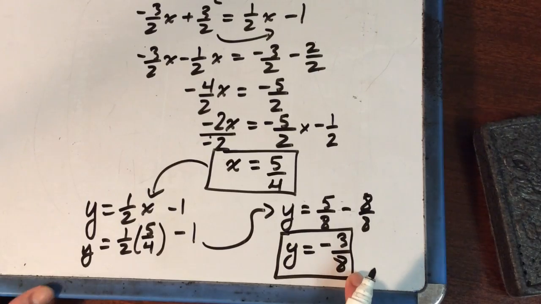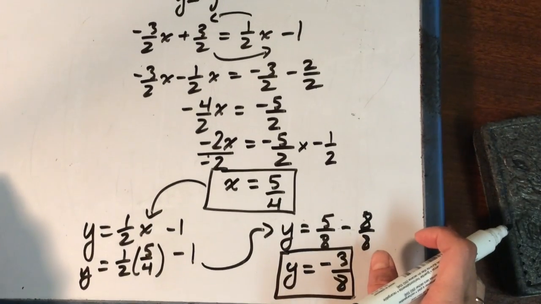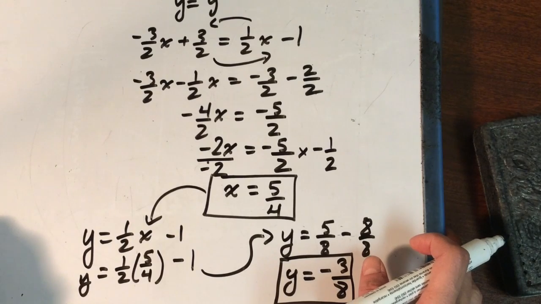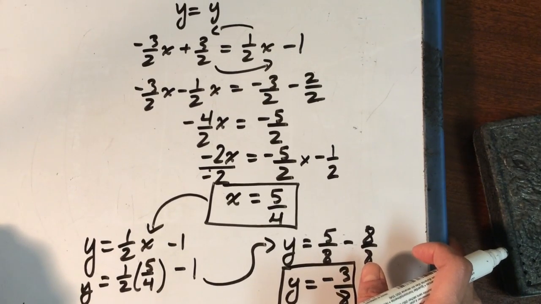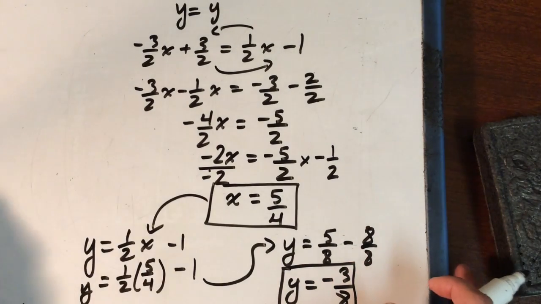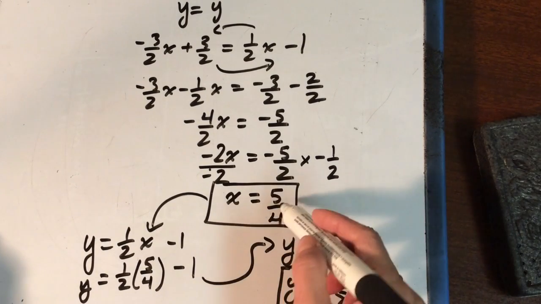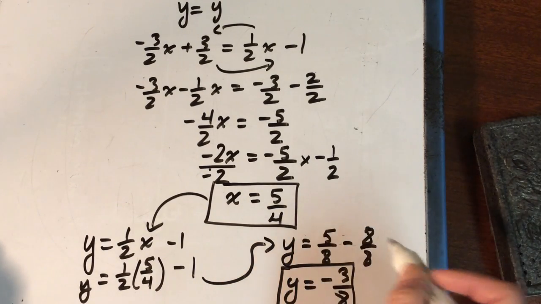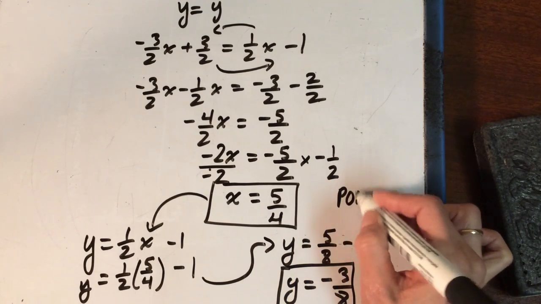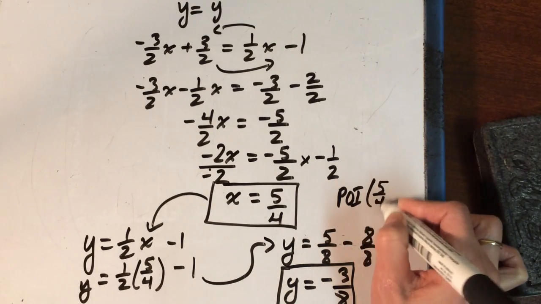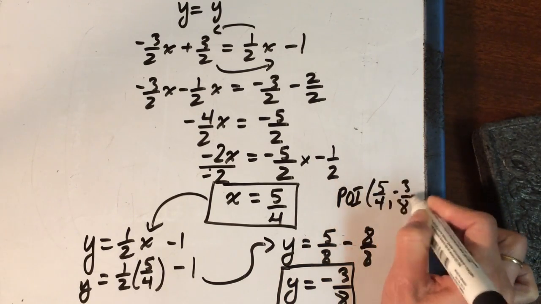Now, as I said previously, we only need 2 equations to find the point of intersection. However, because we have 3 perpendicular bisectors, we want to make sure that all of them are going through that point. So now that's our POI that we have, 5 over 4, negative 3 over 8.